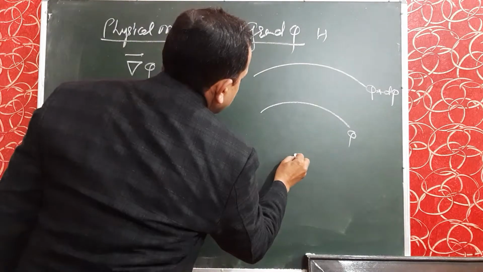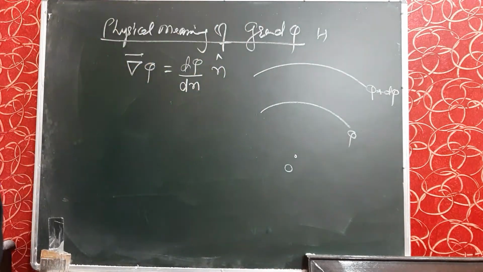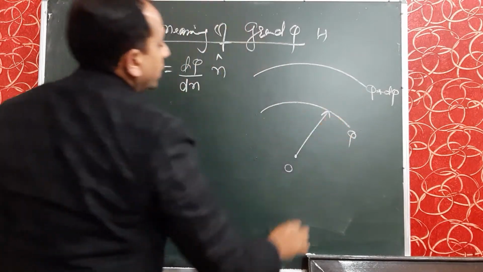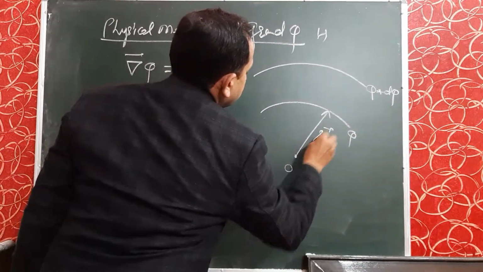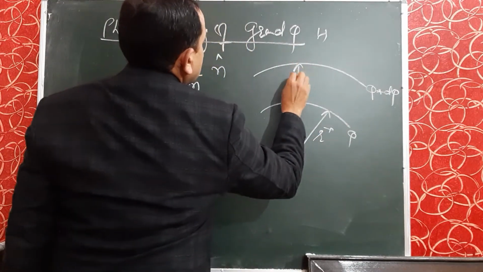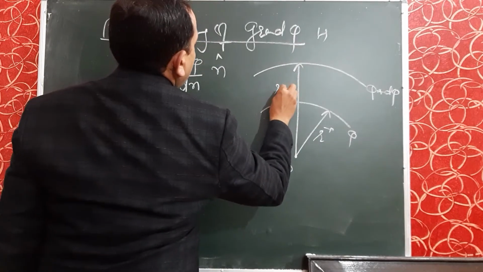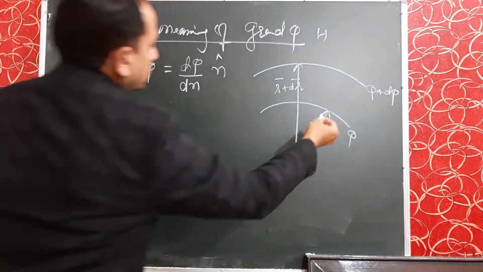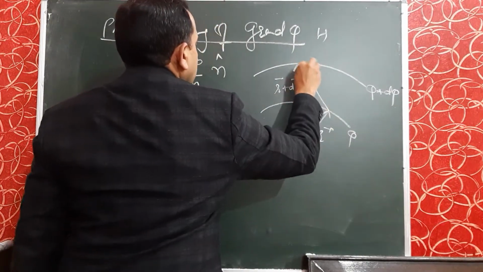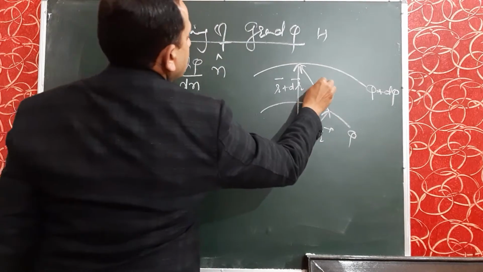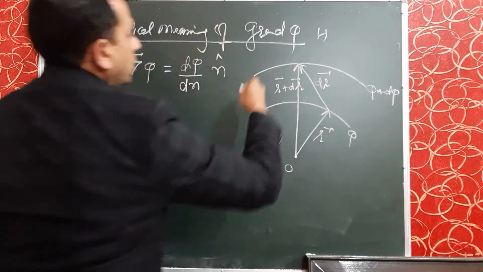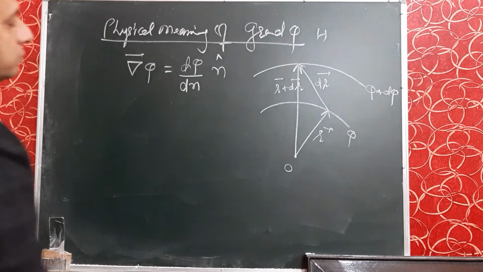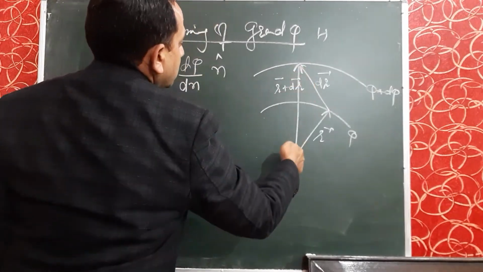Let here be the origin, and the vector from O to this flux phi is r vector, and from O to the second flux is r plus dr vector, and the change from this flux phi to phi plus d phi is dr. So it can be understood by the triangle of vector addition, that is, this is r, this is dr, and this is the resultant vector.